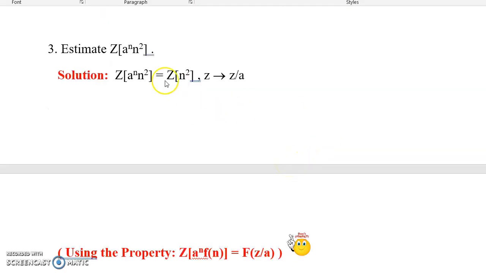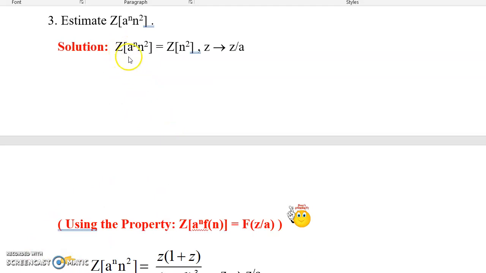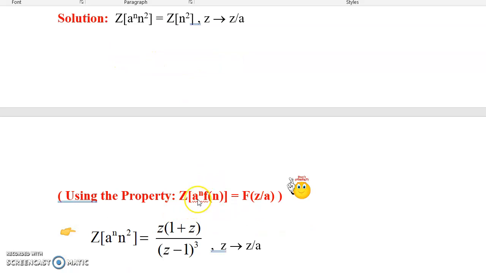Now let us go to the third problem. Z of a power n, n square. Here a power n can be removed using this property. Whenever you have a power n into a function f of n, a power n can be removed. Instead we have to put z as z by a. So z will be changed to z by a.